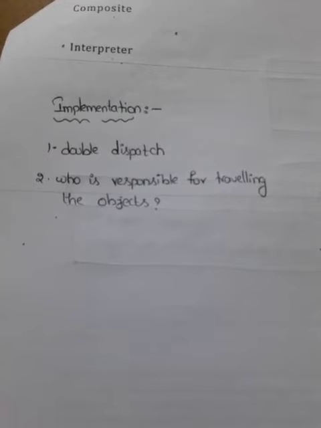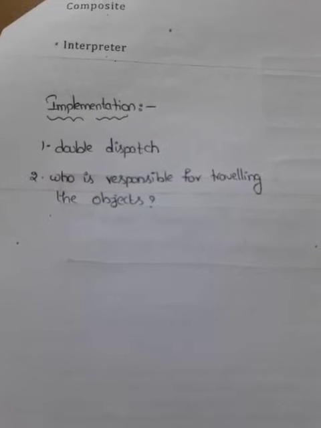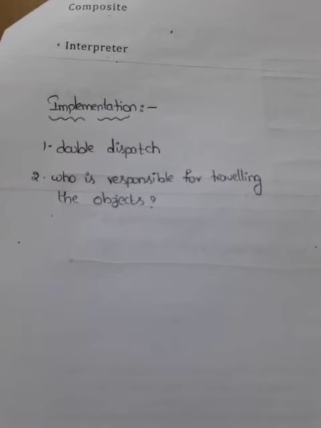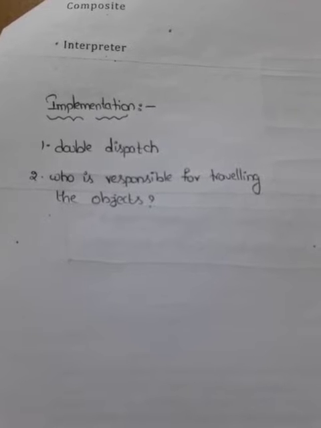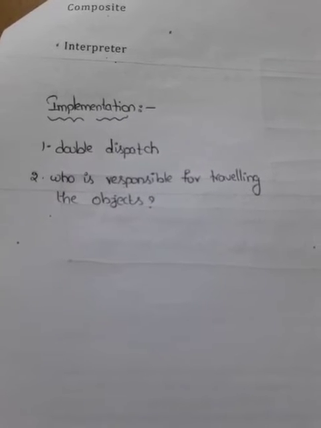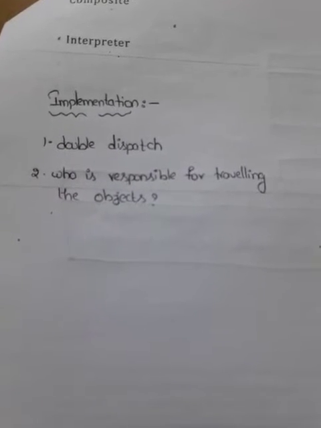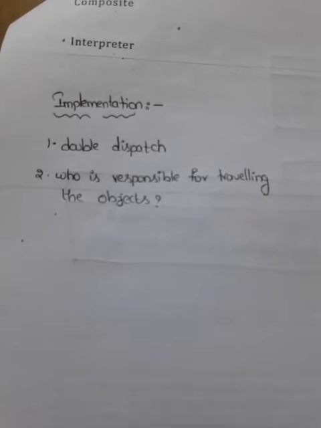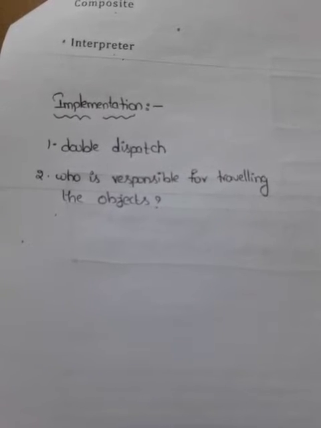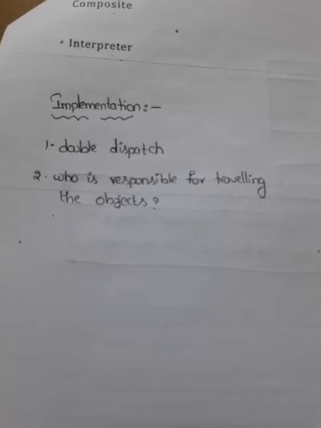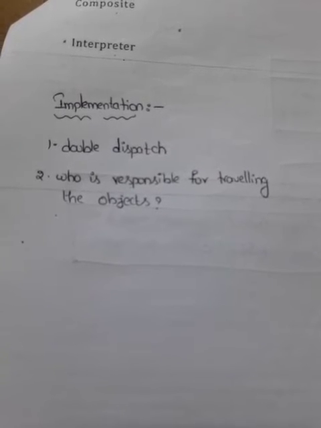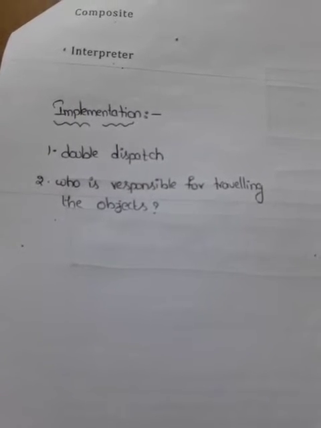Each visit operation on the visitor declares its argument to be a particular concrete element, allowing the visitor to access the interface of the concrete element directly. Concrete visitor classes override each visit operation to implement visitor-specific behavior for the corresponding concrete element classes.